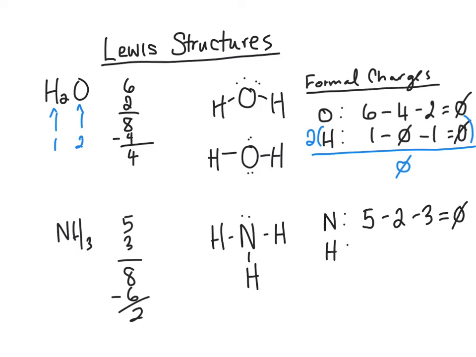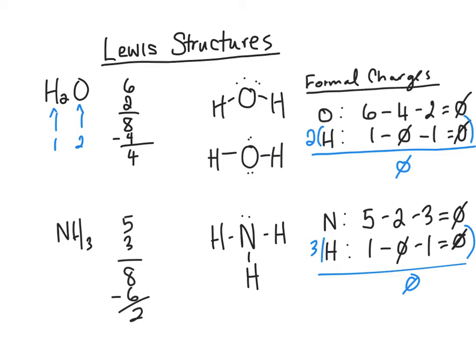There's hydrogen, 1 valence electron, no lone pairs, and 1 bond each. You do this for each atom, which is why we have to multiply your answer by 3. So this all adds up to 0, which is awesome. So that's how you do Lewis structures and formal charges.